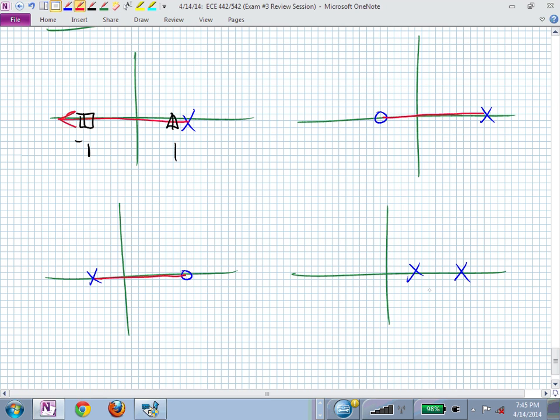Is that clear? What if I said, can you tell me the gain to get me to that triangle? What's the gain to get me to that triangle?